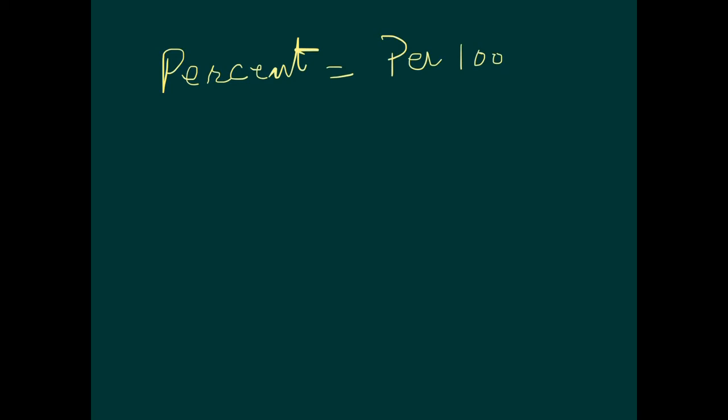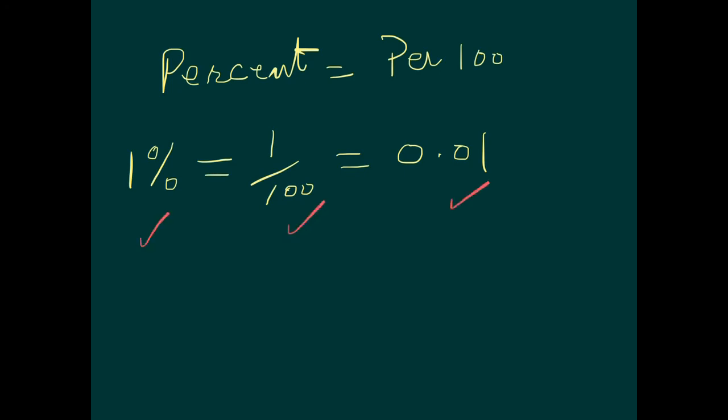We can define it by using this symbol. We can write it as a fraction, or we can write it as a decimal. All of these have the same value.